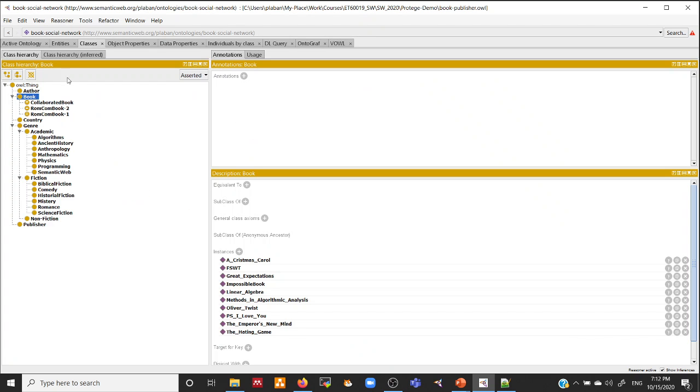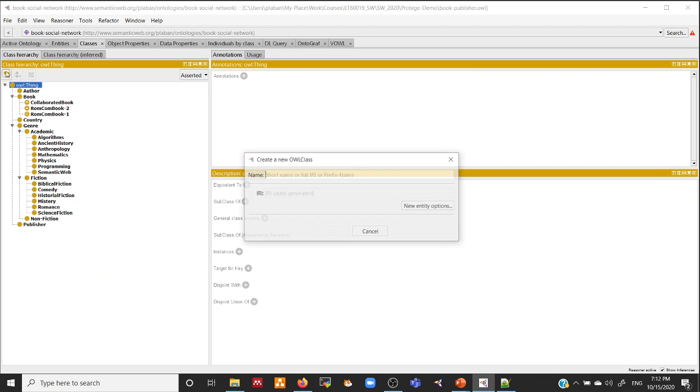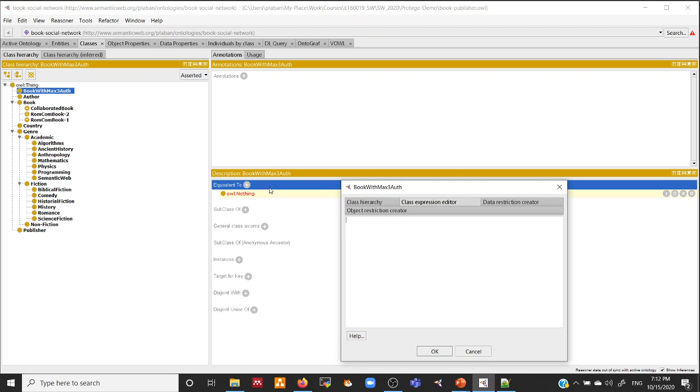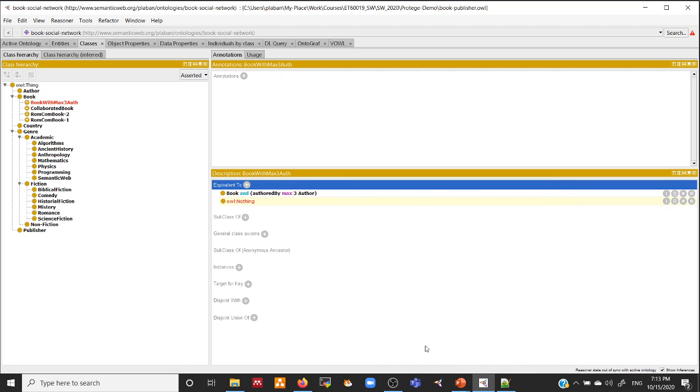Let us define this class under Thing: book with max 3 author, and make it equivalent to book and authored by max 3 author. So we have defined our class.